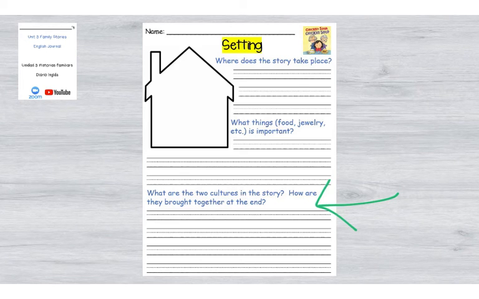Different places like that can be different cultures. So her two grandmas are from two different places, and that is part of their culture, and that's also very important to the story. I want you to tell me what those two are, and then how are they brought together at the end? The little girl does something to mix it together. Hint, hint, hint.